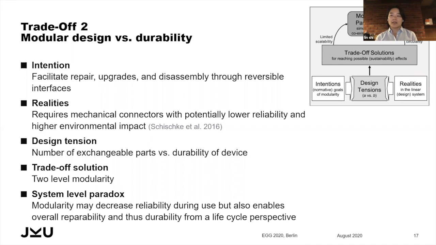The idea is that the product prioritizes modules that are easier to break and require repair to be modular, while keeping an integrated design for parts that maintain the structural integrity and improve the reliability of the product. So on a system level, the paradox that we acknowledge is that while modularity could enable repairability and circularity of the product, it may decrease the durability of the product.